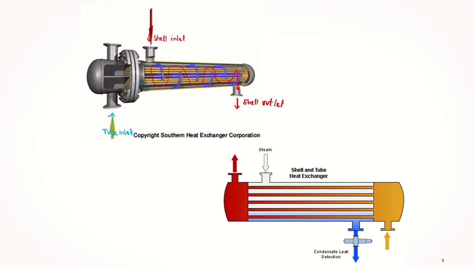So this tube here will not mix with the liquid in the shell side, so it will move in a single tube, and it will come out here. So this would be the tube side outlet.